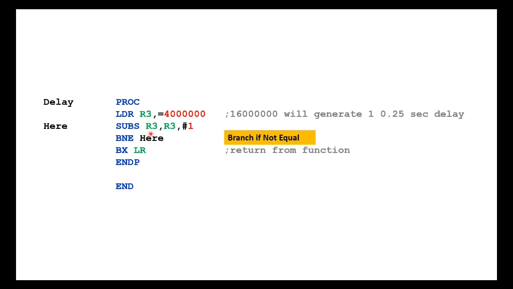Once R3 is 0, it comes out of this loop to the instruction BX LR, which would return, this is branch, back to the calling program or the main program here. And ENDP is the end of procedure. And this END here is the end of the whole assembly program.